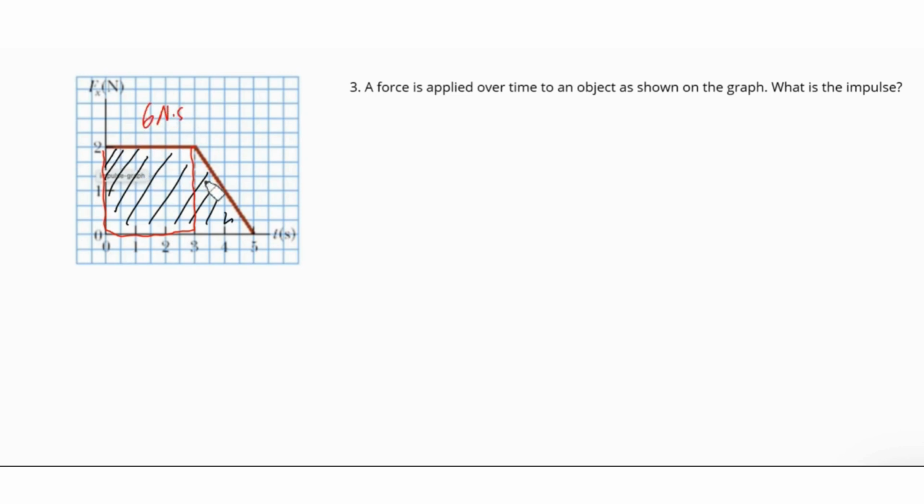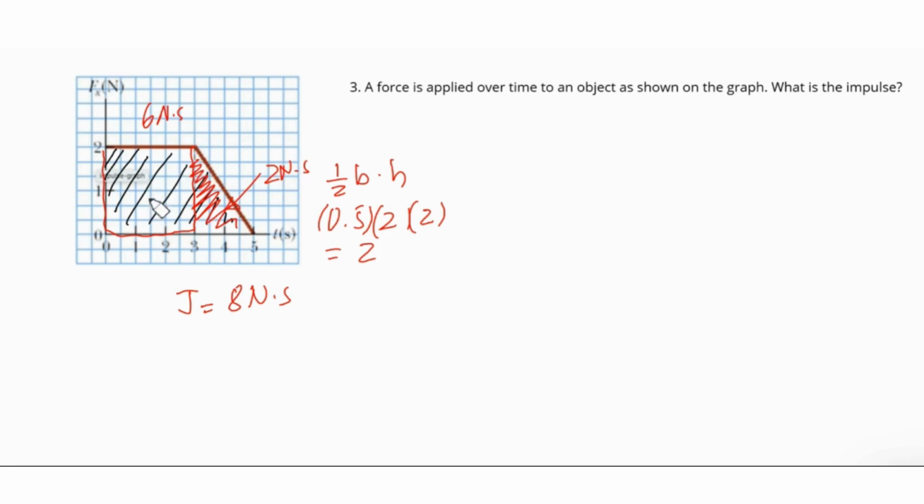And then the area for this triangle is 1/2 base times height, which would be 0.5 times 2 times 2, which is just 2. So the impulse here is 2 Newton seconds. Over here is 6 Newton seconds. We add them up, and we get a total impulse of 8 Newton seconds.